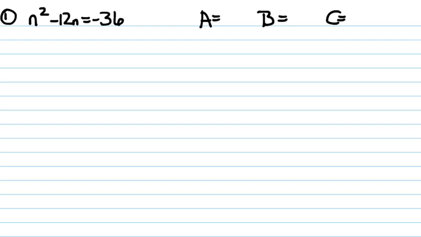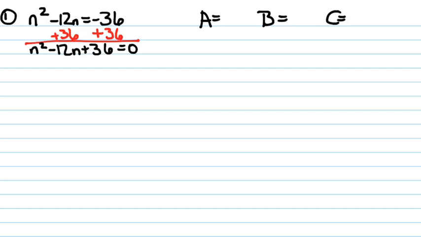And so in this problem, that 36 is on the wrong side. It needs to be moved over to the other. So I'm going to add 36 to both sides. There is nothing for it to combine with. So we have n squared minus 12n plus 36 is equal to 0.